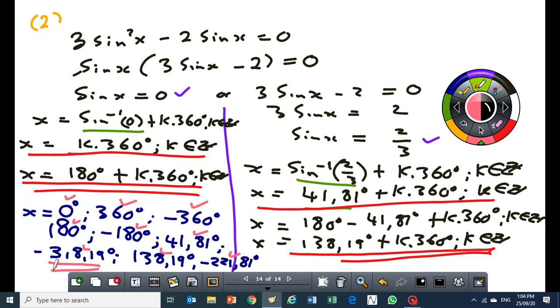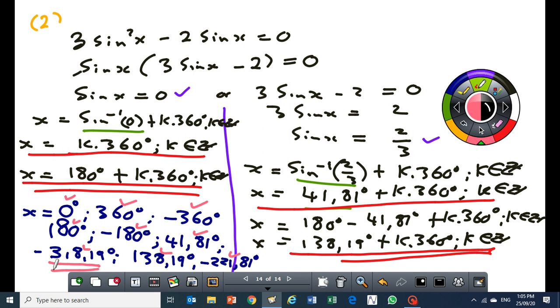318,9,19. Put it here. Remember, this is 3 sine squared x. So when you put it in your calculator, you say 3, open bracket, put the sine x, then you square the sine x, like this. In your calculator, you put 3 sine 318,19, and you square that.